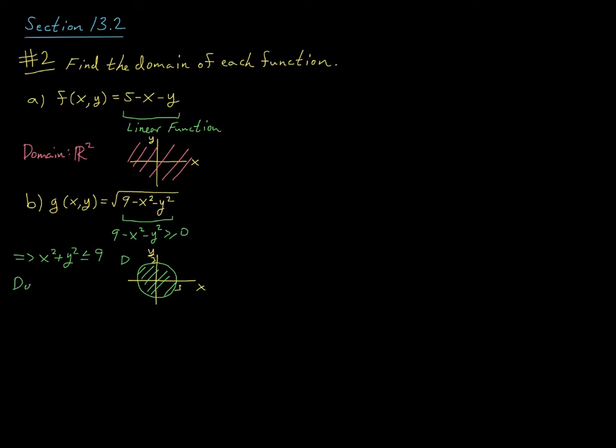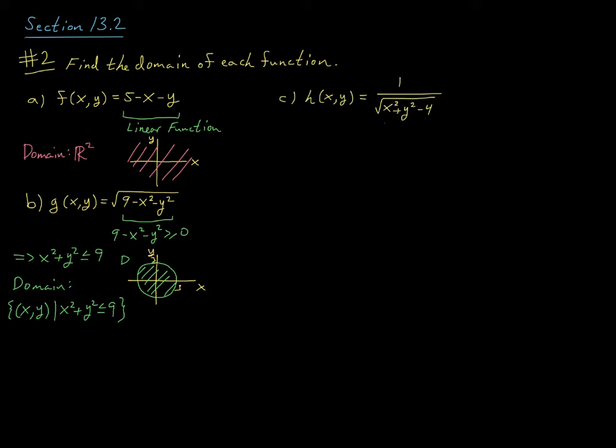And as a set, I can write it as the set of all ordered pairs x, y, so the set of all points in the xy plane such that x squared plus y squared is less than or equal to 9. Okay, great. All right, pressing on.